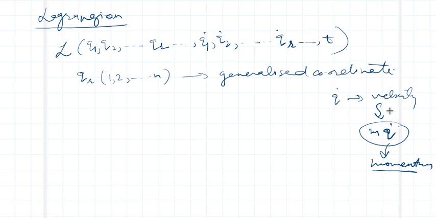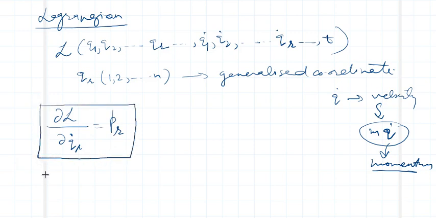Another interesting thing which we have to keep in mind: if we define a term, means if I take a derivative of the Lagrangian with respect to the velocity, or generalized velocity, then this will basically be equivalent to the conjugate momentum.